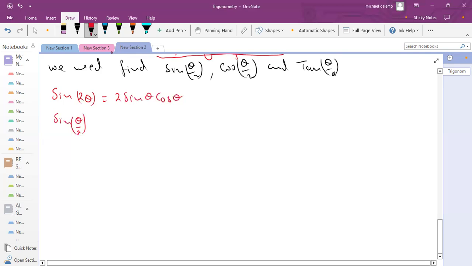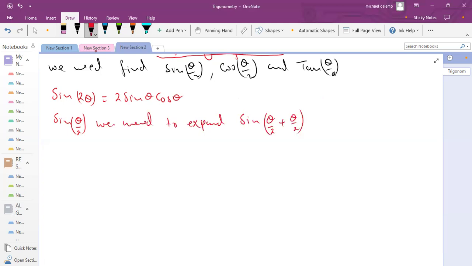we can expand sin of theta over 2 plus theta over 2. So we can get it by this method.